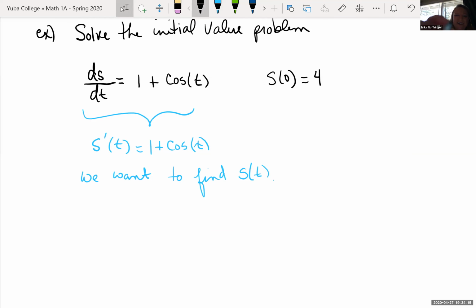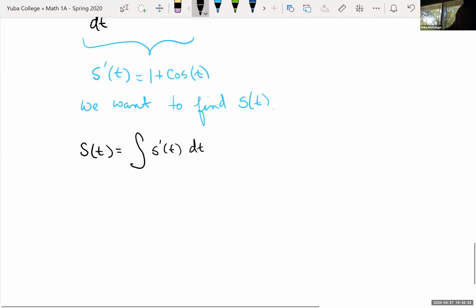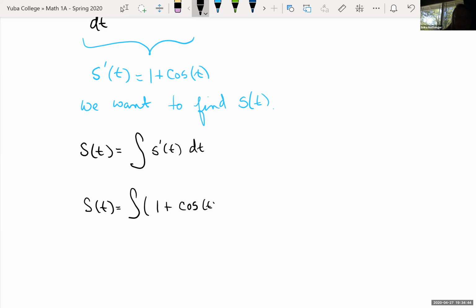So I know that s of t is going to equal the antiderivative of s prime of t, dt. So s of t is going to equal the antiderivative of 1 plus cosine of t, dt. The antiderivative of a constant is that constant times the variable you're taking the antiderivative with respect to.